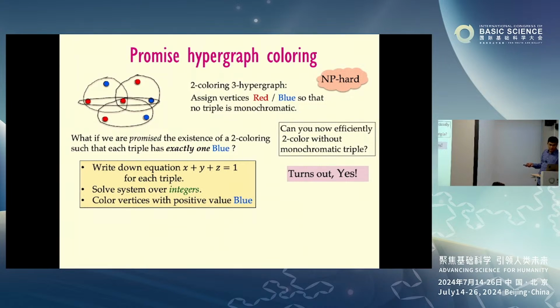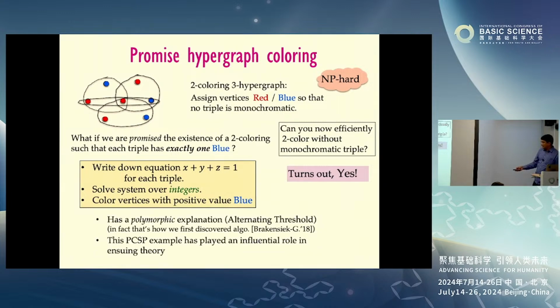That's affine equation rounding. All the positive ones I make blue, or non-positive ones I make red. Same reason. Alternating threshold. Okay.